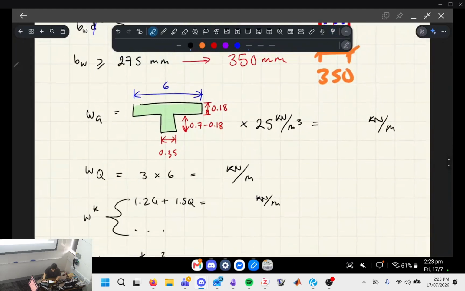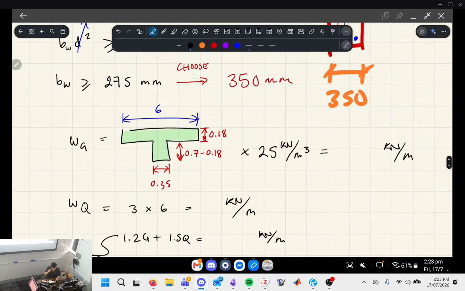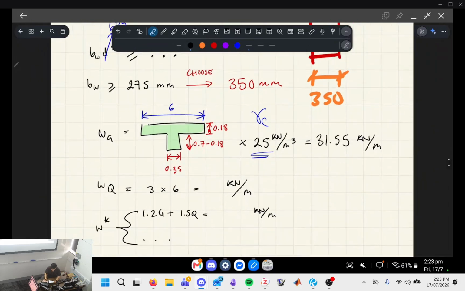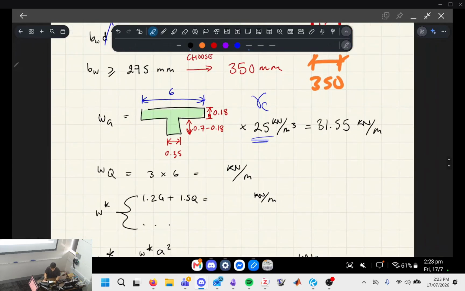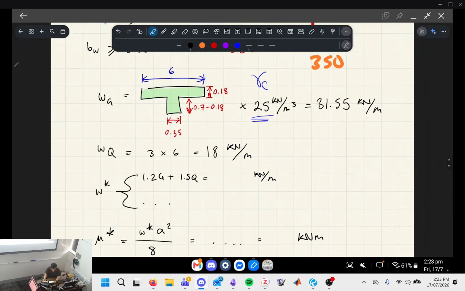Now that we have fixed dimensions, we can do this. Area multiplied by unit weight of the concrete gives us WG. WQ doesn't change because we didn't do anything which changed the live load or how it's applied.